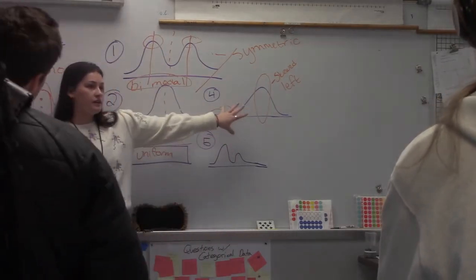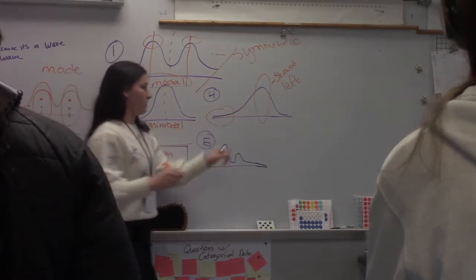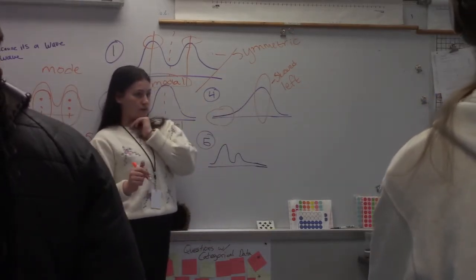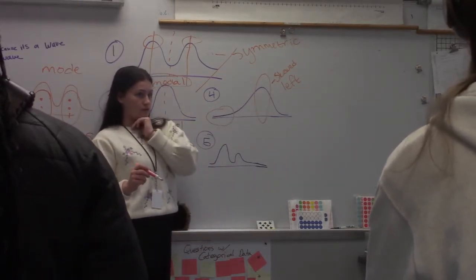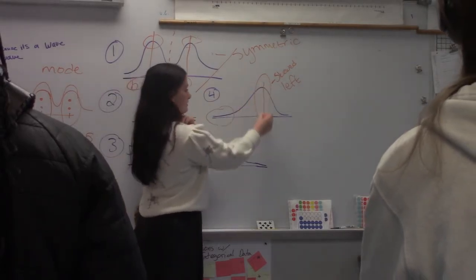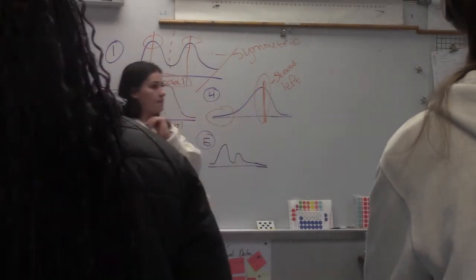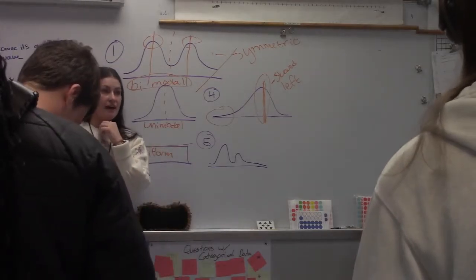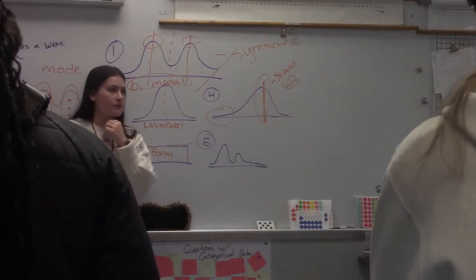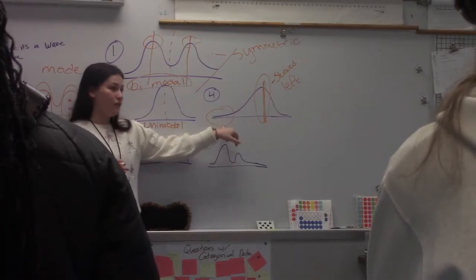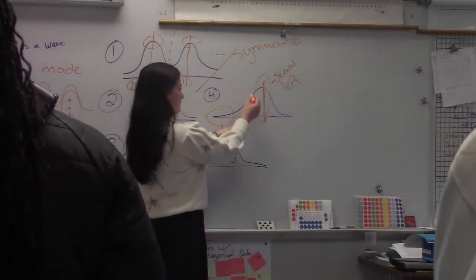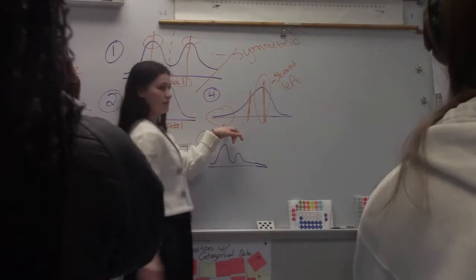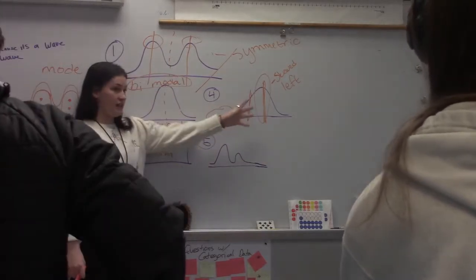So we're looking, say our mode, right? Where's our mode going to be? At the top, right? This hump right here, this is our mode. Now, the mean, we've talked a little bit about the mean, it's the average of all the numbers, right? So because of this tail, our mean is going to be more like right here. So it's skewing the data to the left.